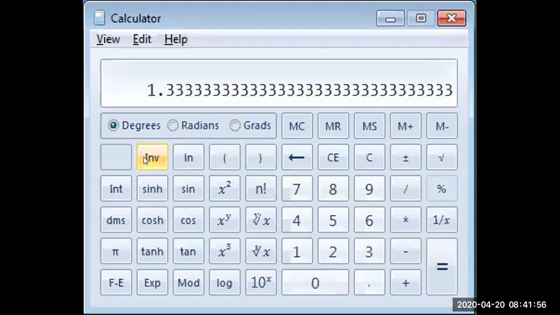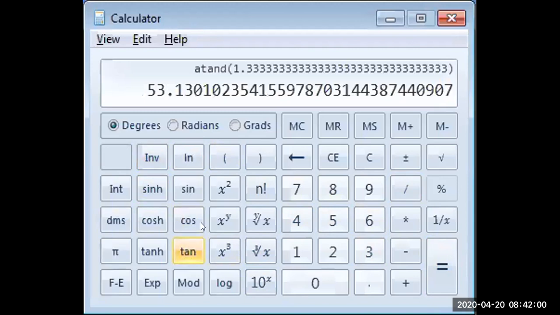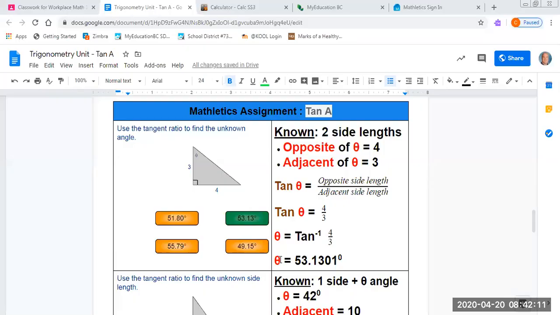I'm going to take the inverse, in this case tan to the -1, that's inverse tan. And I end up with a value of 53.1301. So if I go back to my screen, we see that this is our answer: 53.1301, or in other words, 53.13 degrees is the angle theta.